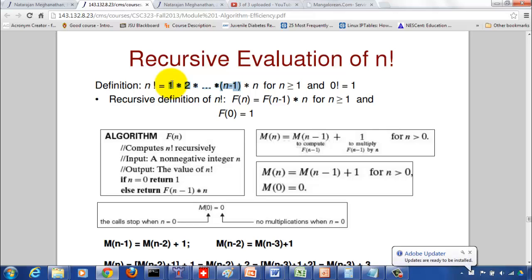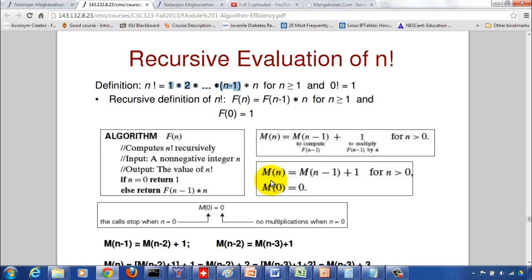And if you want to compute the factorial of 0, which is 1, you don't need any multiplication, so M of 0 is 0. So for any n greater than 0, M of n is M of n minus 1 plus 1, one more multiplication.